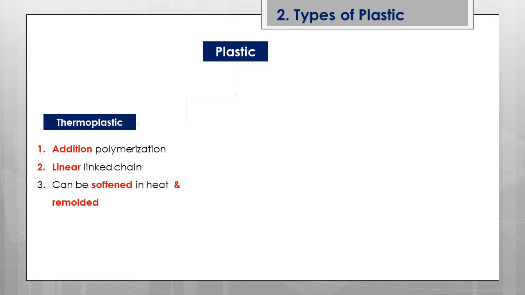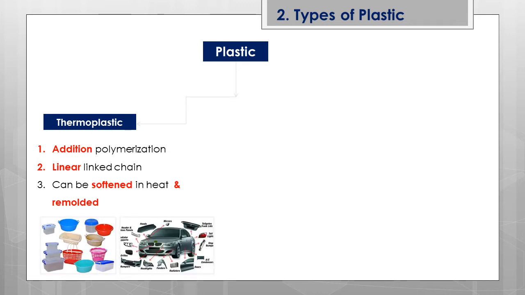Like we saw earlier, multiple monomers connect together to become a polymer. This chain is linear in thermoplastics, and due to the linear chain it can easily be softened in the heat and it can be remolded. Examples are domestic parts, like home appliance parts, and vehicle interiors and exteriors.